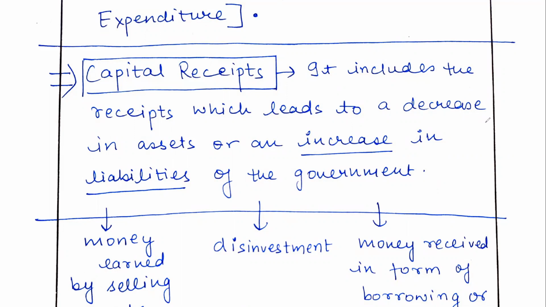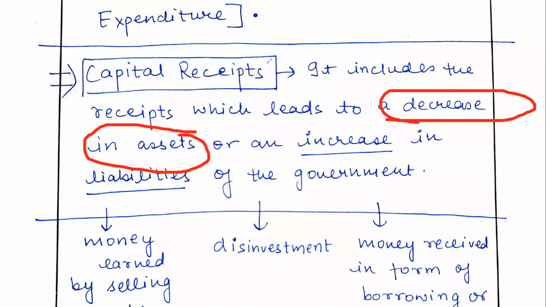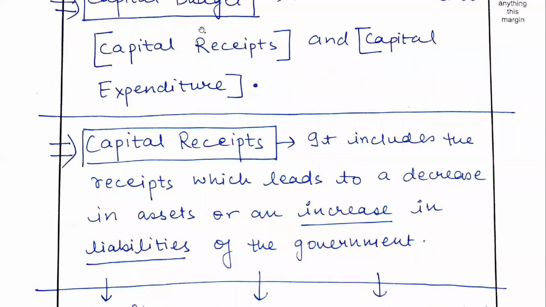But after some time, your tenant says ki I'm going somewhere else, my posting is somewhere else, and I will not be able to continue in this house. So you did what? A decrease in asset. Okay, like suppose you sold. Yes Akhil, yes Akhil. You can comment also. If there is a doubt, you can comment.